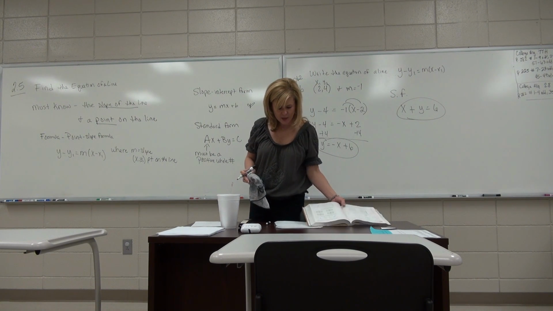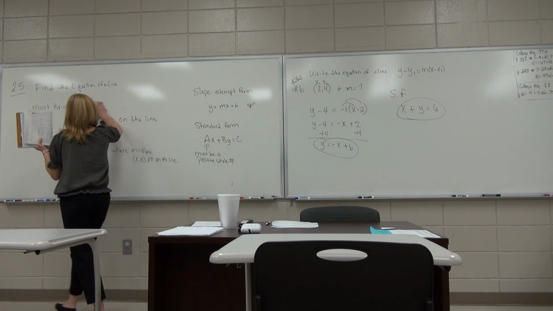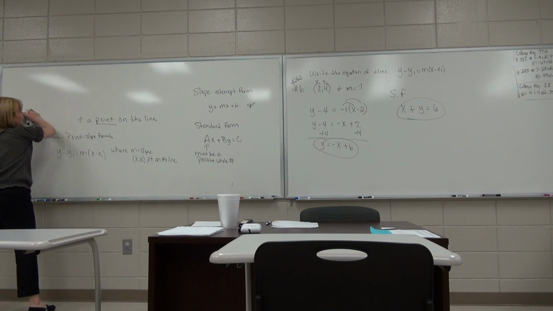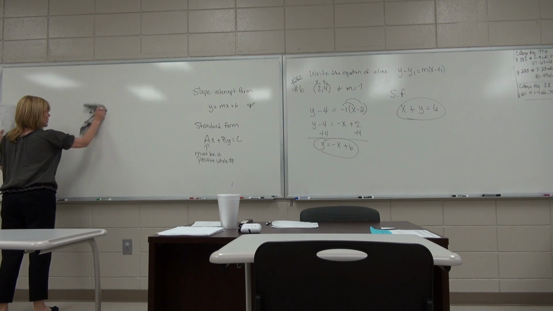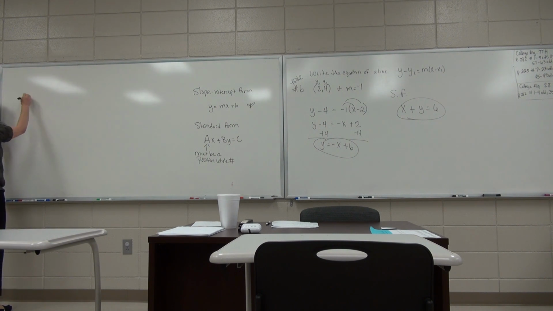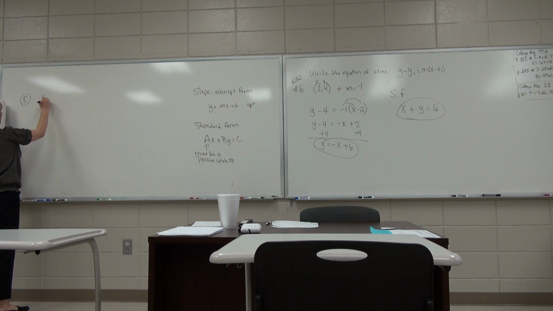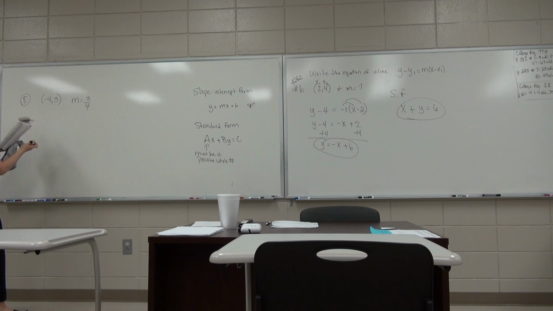Okay, let's look at another one. Let's look at number 8 here. On number 8, you're told to find the equation of the line that goes through the point negative 4, 3, and you have a slope of 3/4.